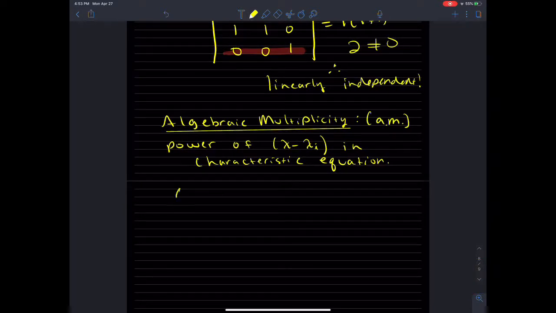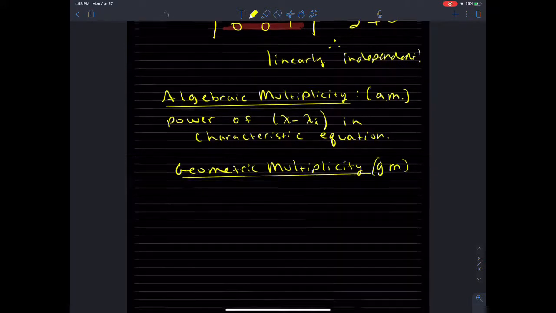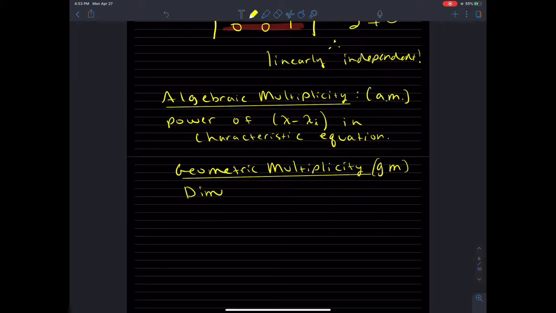There's another thing called the geometric multiplicity, and that is GM. And that's basically the dimension of the eigenspace.